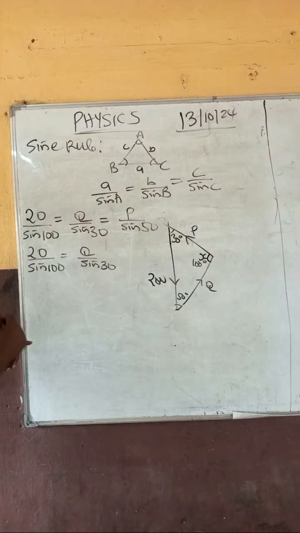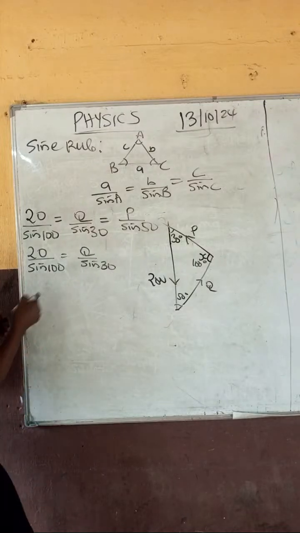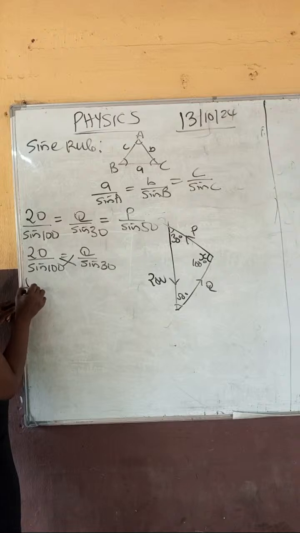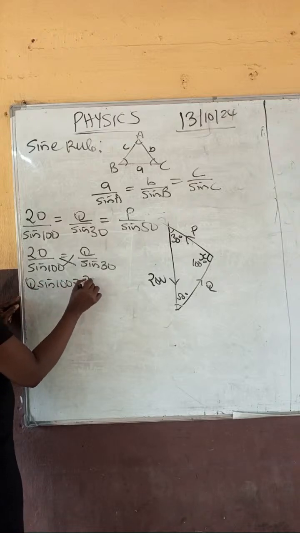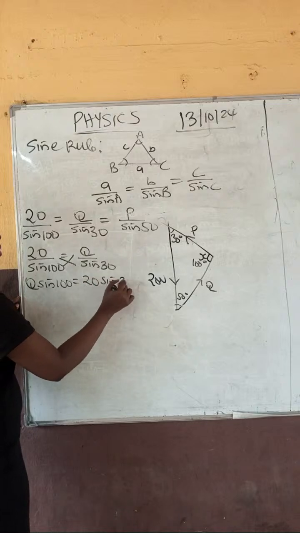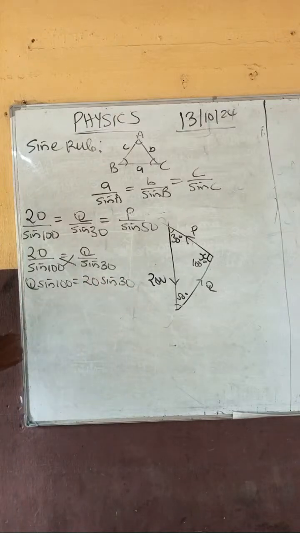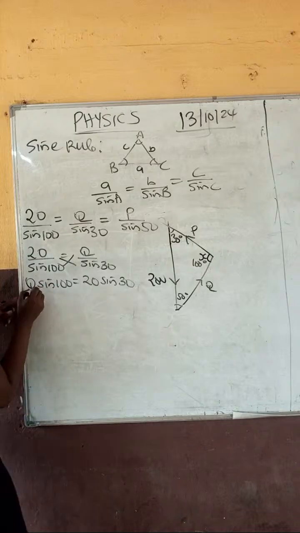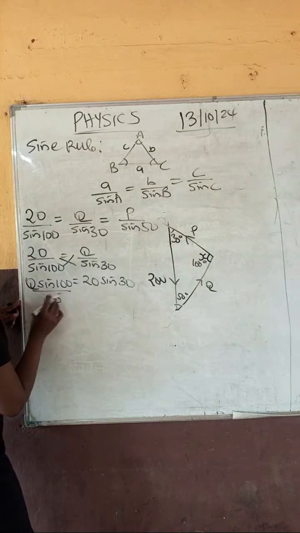What do I say? I can say cross multiply. If I cross multiply, Q sine 100 is equal to 20 sine 30, right? What do I do? I divide both sides by sine 100.